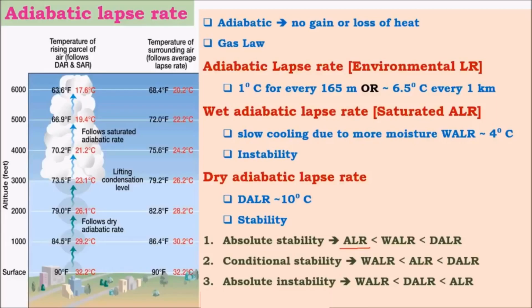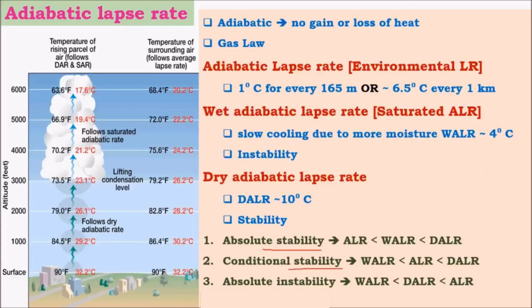So we have seen what is wet adiabatic lapse rate and what is dry adiabatic lapse rate. So compare it here. If the wet adiabatic lapse rate and dry adiabatic lapse rate are greater than 6.5, in such a case the lapse rate would be much greater, but it also signifies that the water vapor content in the atmosphere is quite low, hence it is associated with absolute stability.